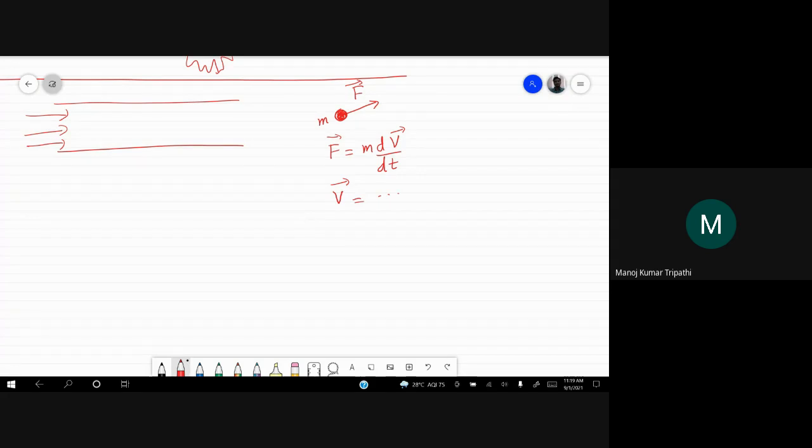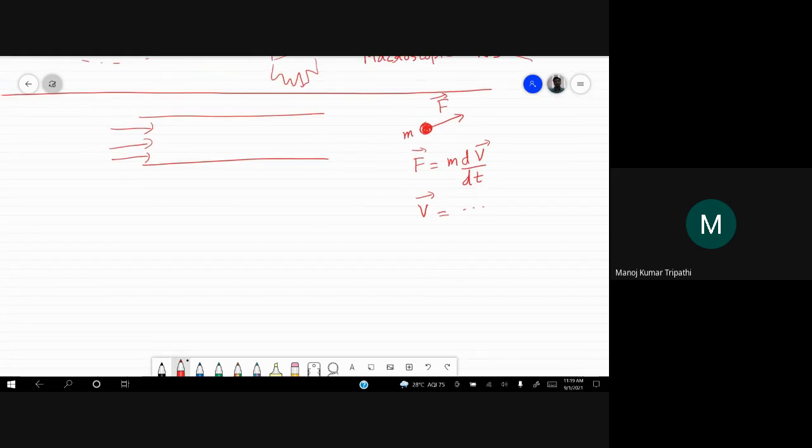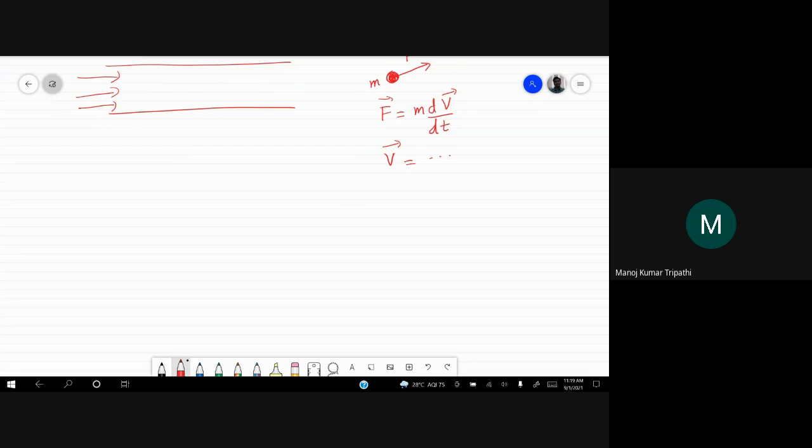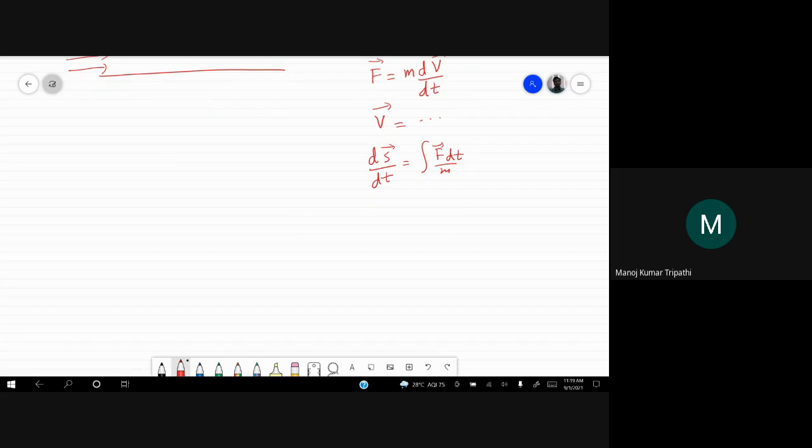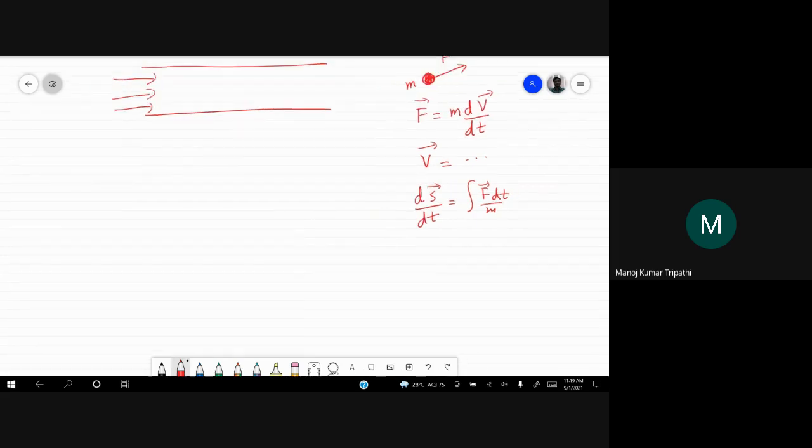Okay. Integral f dt by m. Now you can also calculate the position of the ball by integrating this again. You can write dv as ds by dt, which is displacement, equal to this integral f dt by m, and then you can integrate it again to calculate s. So that's how you calculate position and velocity of a ball or a solid particle.